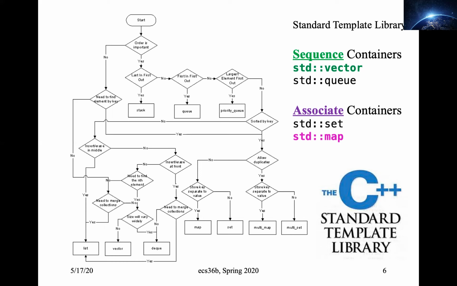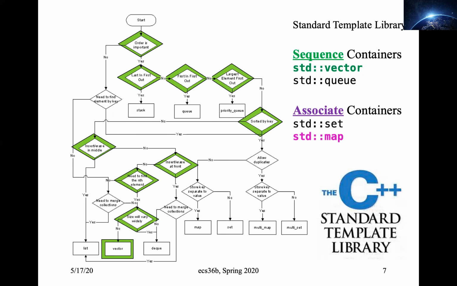So, I said there was a flow chart. If you satisfy all the green conditions, the green path leads you, if all these conditions are answered yes or no accordingly, to using vector. So let's see what they actually recommend. The first one is: is order important? If order is important, do you need last in, first out? No. First in, first out?